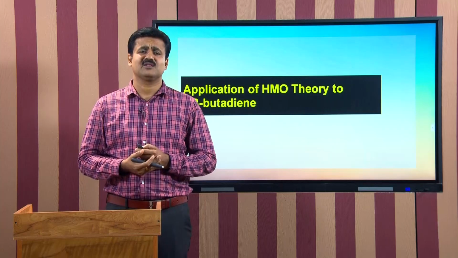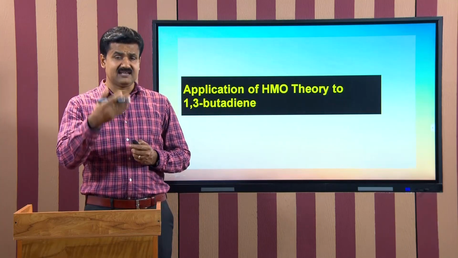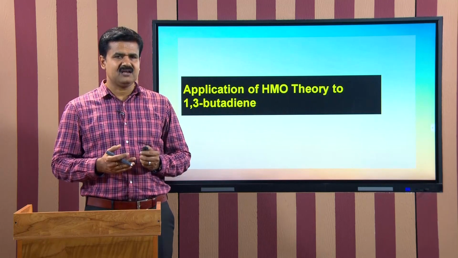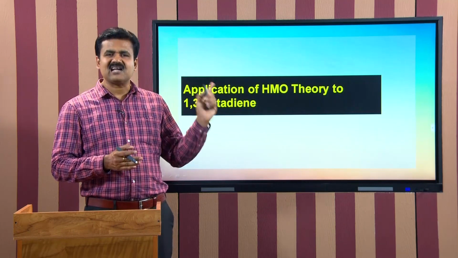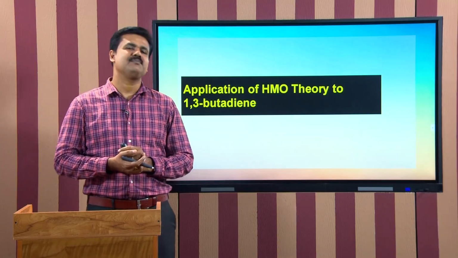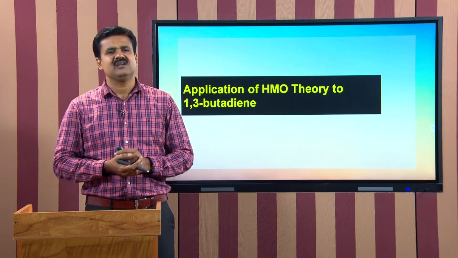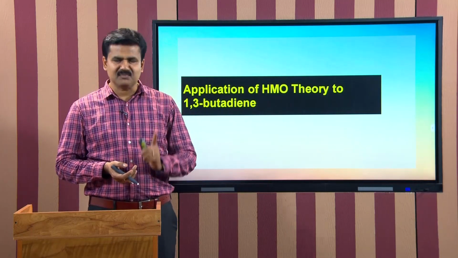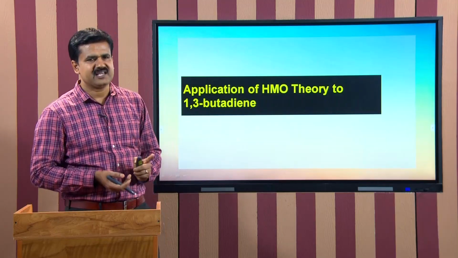Conjugated systems are those systems where alternate single and pi bonds are present. First of all, we are applying the Huckel molecular orbital theory to the system 1,3-butadiene. So, we are going to apply the Huckel theory, HMO theory, to 1,3-butadiene.